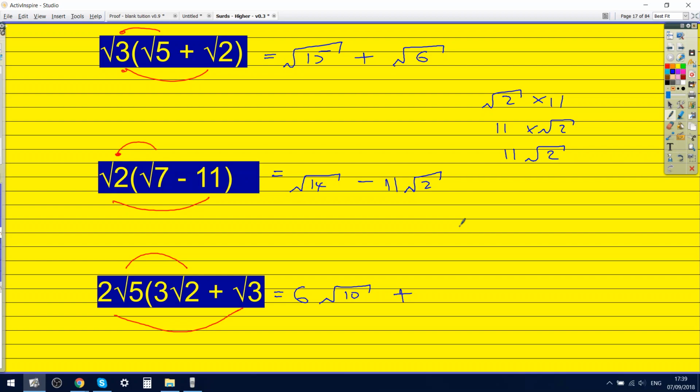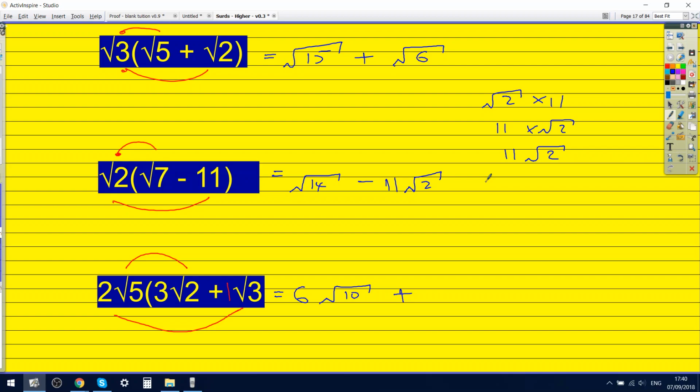So, got to do 2 times the root of 3. Well, 2 root 5 times root 3. And root 3 is the same as 1 root 3. Oh, root 6.